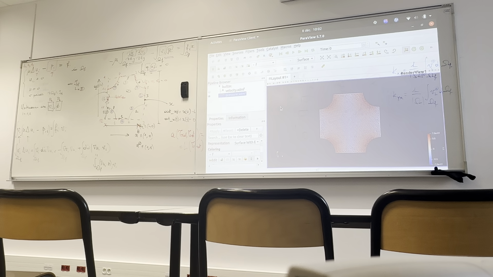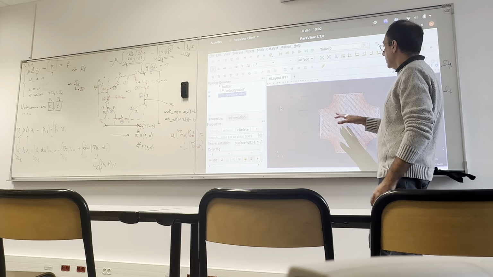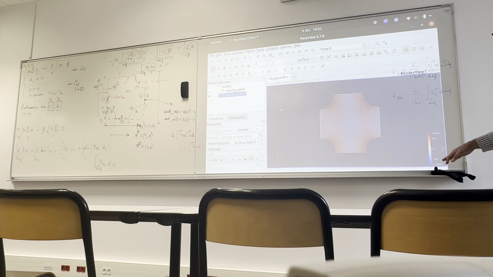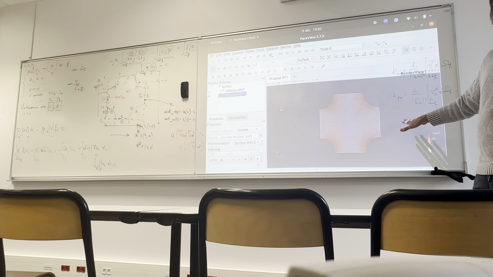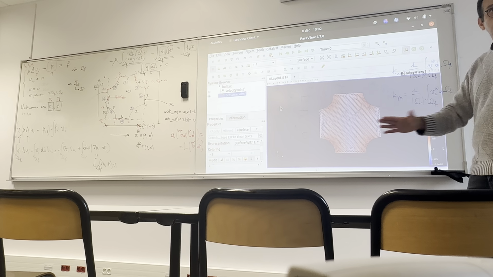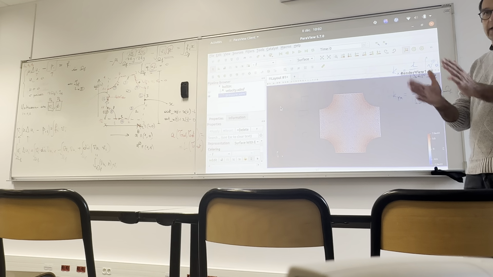So this is the profile for pressure, which is ranging between negative and positive. Obviously, this is the oscillating part of the solution. So it's not strange that the pressure could be negative, because it's not the real pressure.